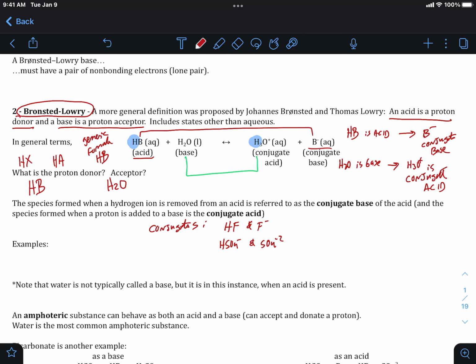Now, I should point out, you see here water. We've decided that water is a base in this example. Guys, of course you know water by itself is not really considered a base. The reason why it's a base here is because in this context, water is the only thing that can be a base. Right? So when we're talking about Bronsted-Lowry acid-base reactions, there's got to be an acid.